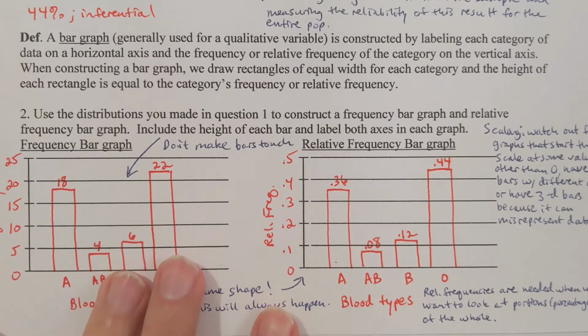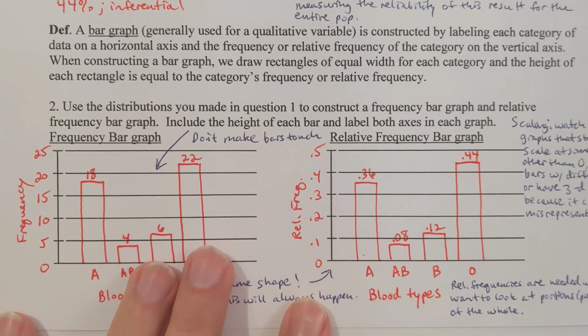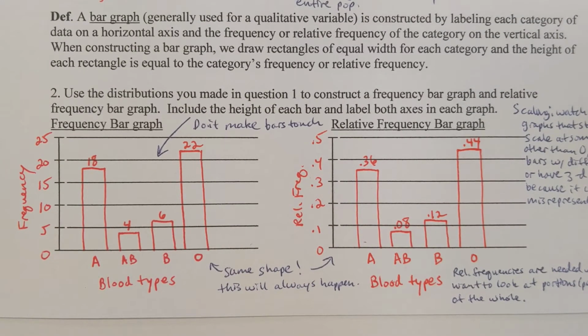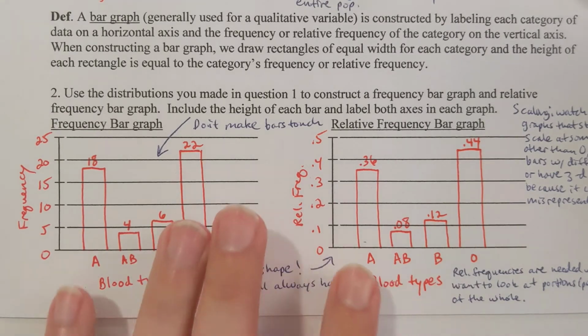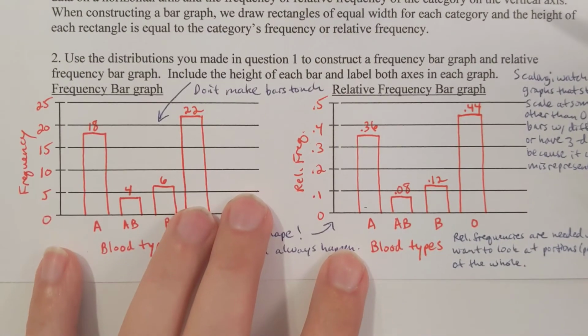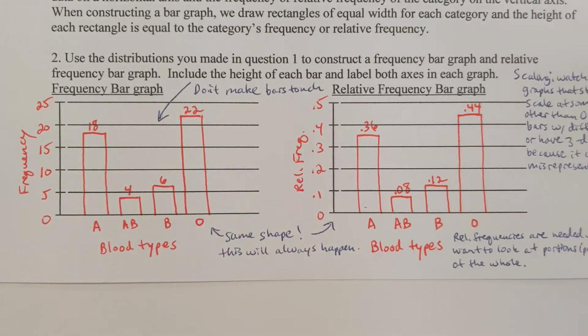Okay, so problem 2 says to use the distributions you made in question 1, that's right here, to construct a frequency bar graph and a relative frequency bar graph. Include the height of each bar and label both axes in each graph.